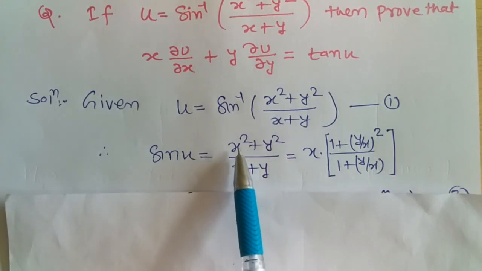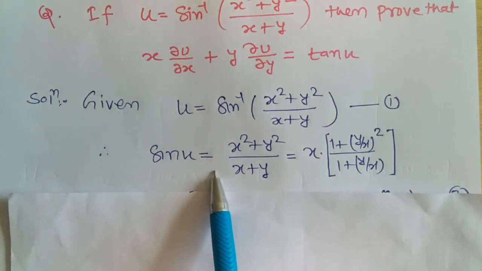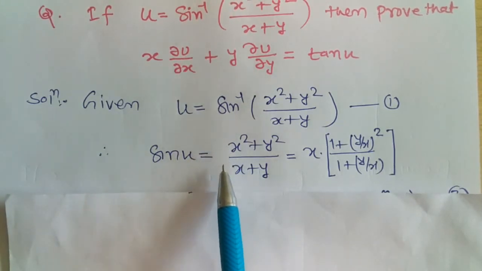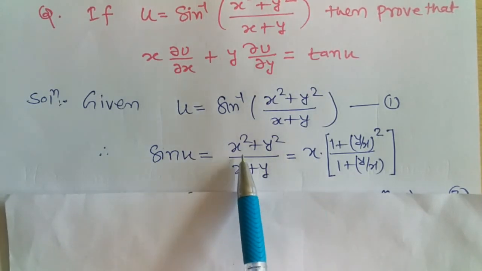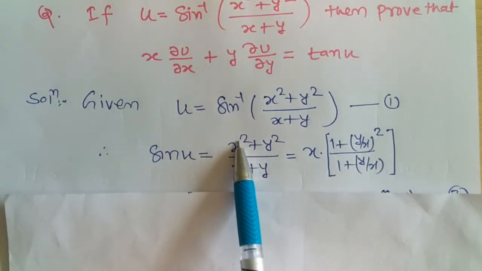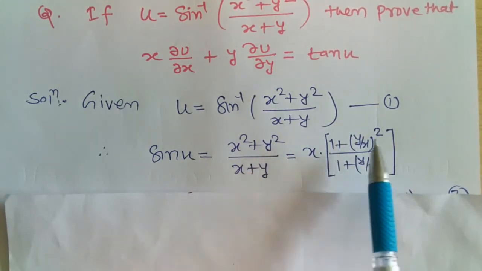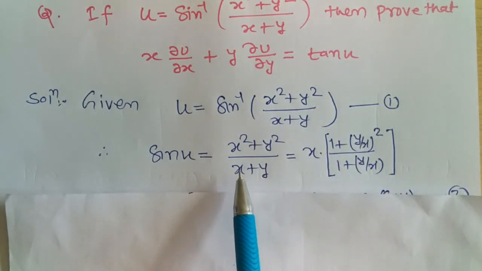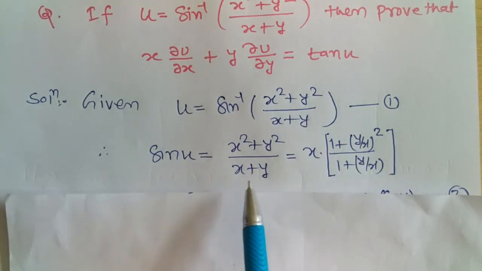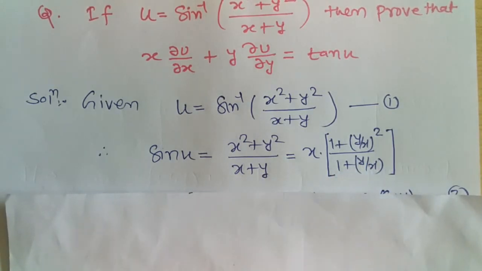Now, from the numerator we take x square common and from the denominator we take x common. Then x square by x gives x multiplied by 1 plus y by x whole square in the numerator, and 1 plus y by x in the denominator.